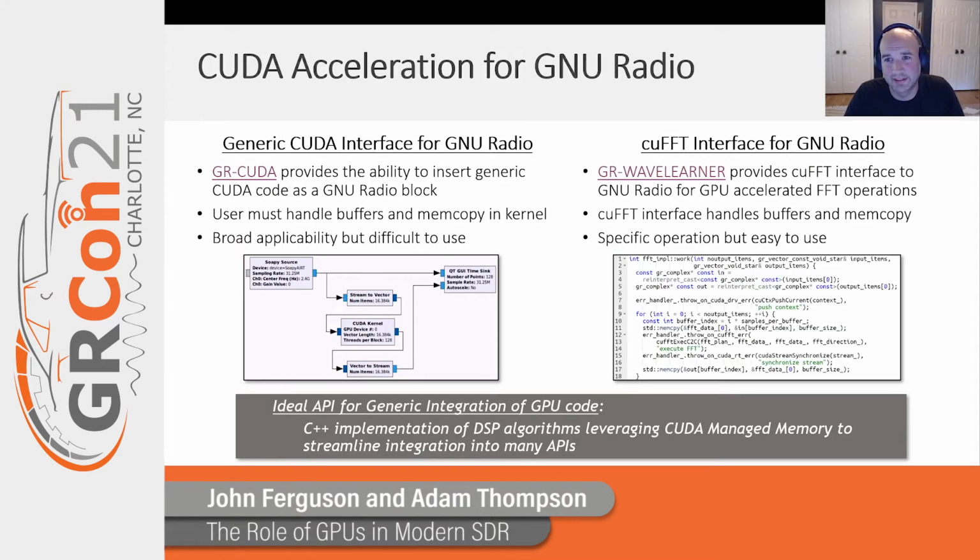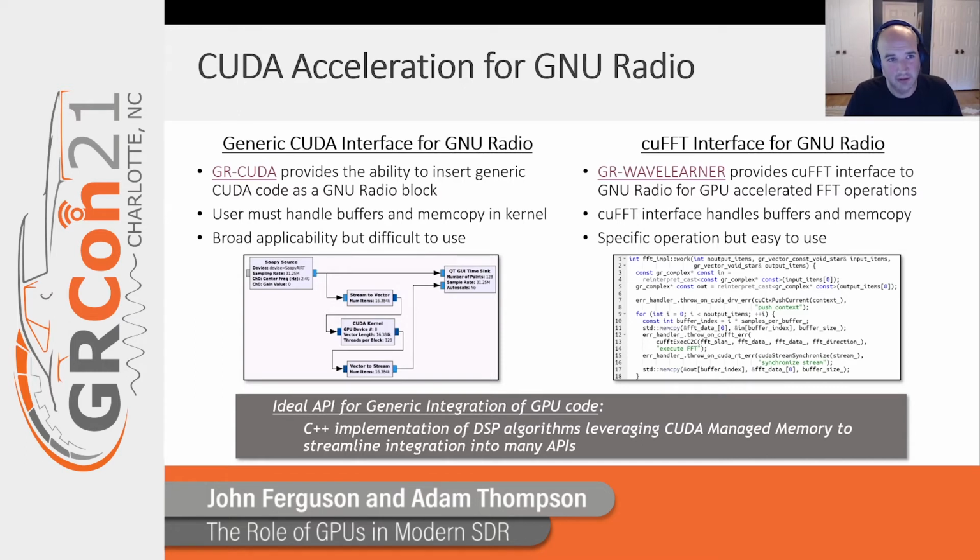So if we look at CUDA acceleration in GNU Radio, there have been a couple of efforts to do this. We can provide a generic CUDA interface for GNU Radio with GRCuda. It has broad applicability, but is slightly difficult to use. There have also been some efforts specific to some of the CUDA math libraries, so a cuFFT interface to GNU Radio within gr-wavelearner. Again, it's easier to use, but limited in its operation.